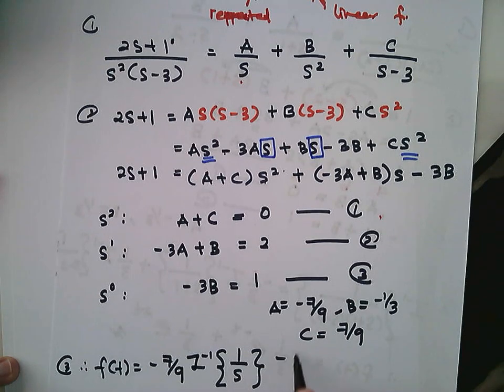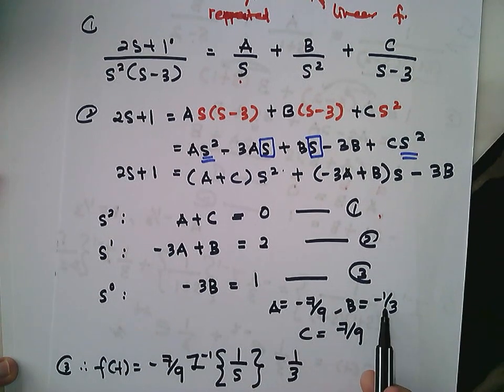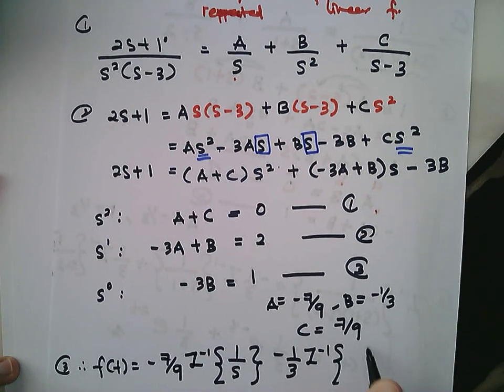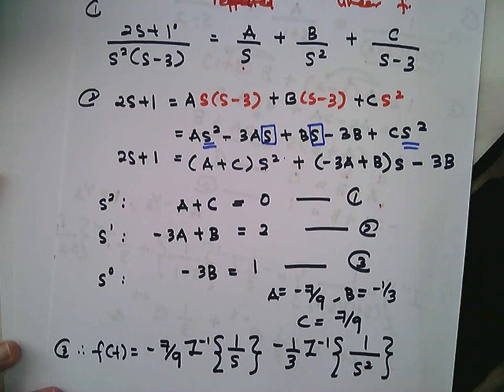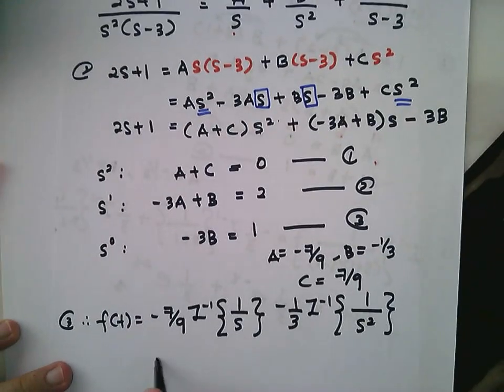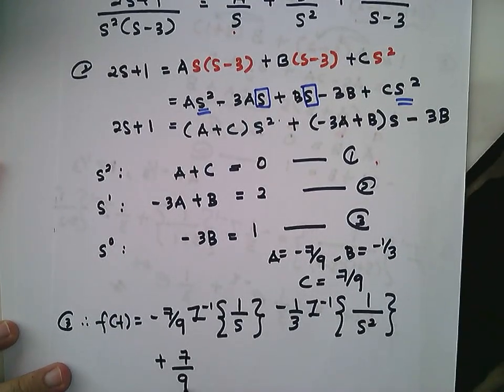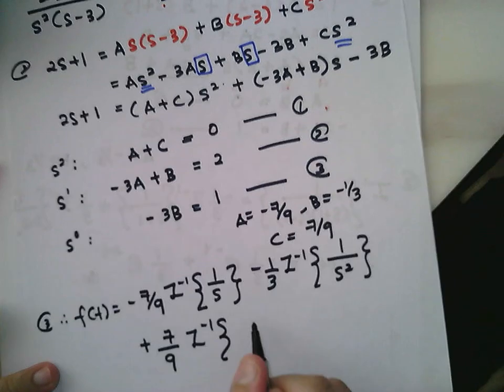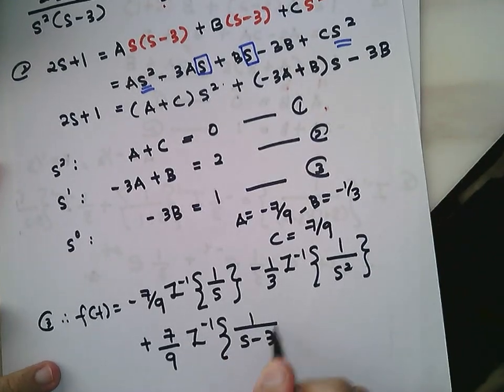Minus 1 over 3, because your b is a constant, you just need to find the inverse of 1 over s squared. And the last one is plus 7 over 9 Laplace inverse of, what is your function for c? 1 over s minus 3.